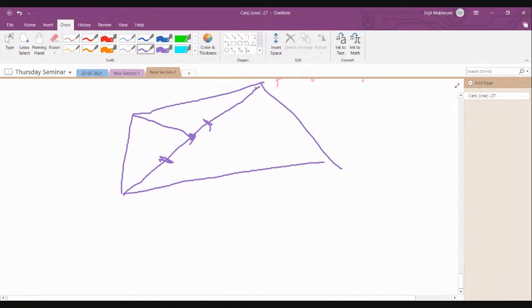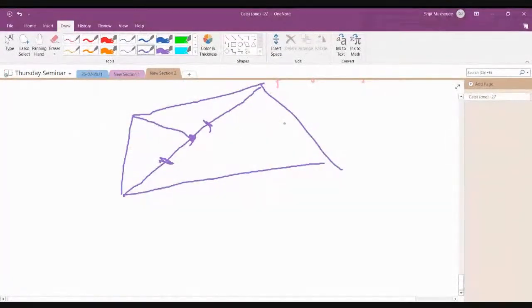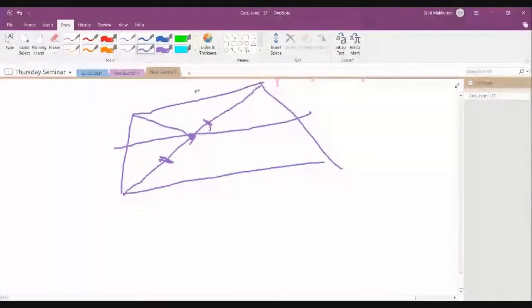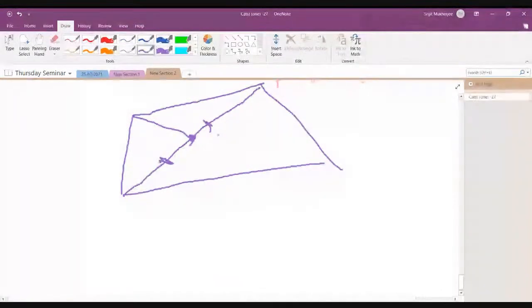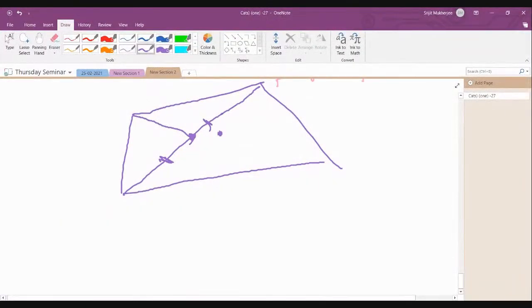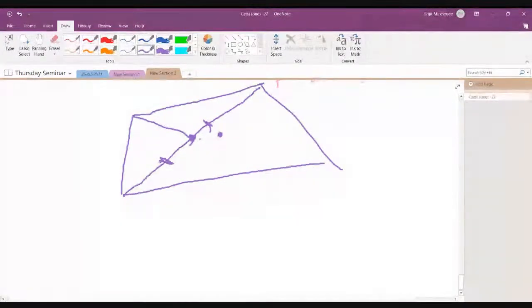Therefore, what it implies is that it must be parallel to this line. Ah, I think we got this. Suppose there's another point for which it holds. Therefore, what will we get?